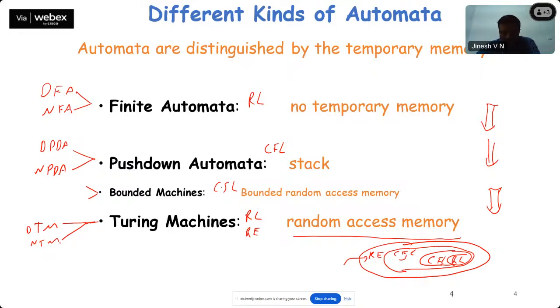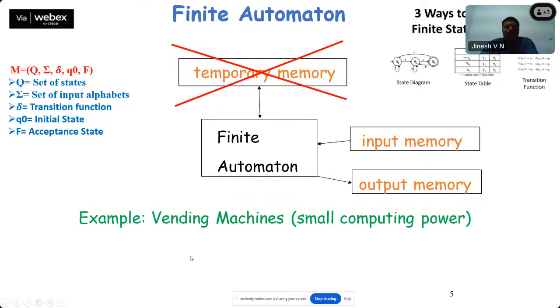So if you want to make an algorithm, we can analyze the algorithm by designing the Turing machine for the algorithm and analyzing the Turing machine. Whatever we analyze with respect to the Turing machine will be equal to the analysis of your actual algorithm. Okay, so now we'll see finite automata in a little more detail.